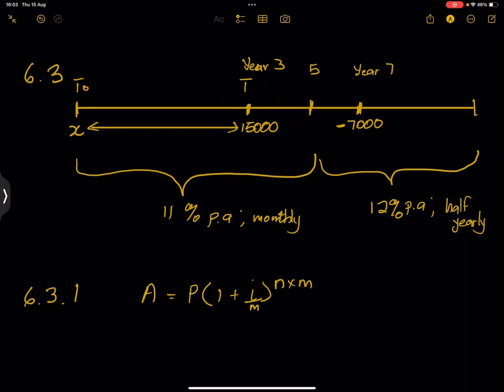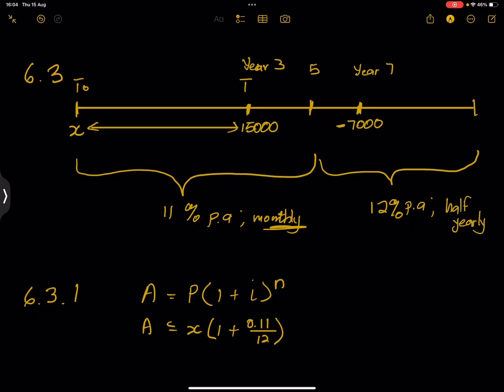So the principal amount that we deposited was X. We've got 1 plus, remember we're working at 11%, so that would be 11 divided by 100, which is 0.11, divided by, remember it is compounded monthly, so divide by 12.